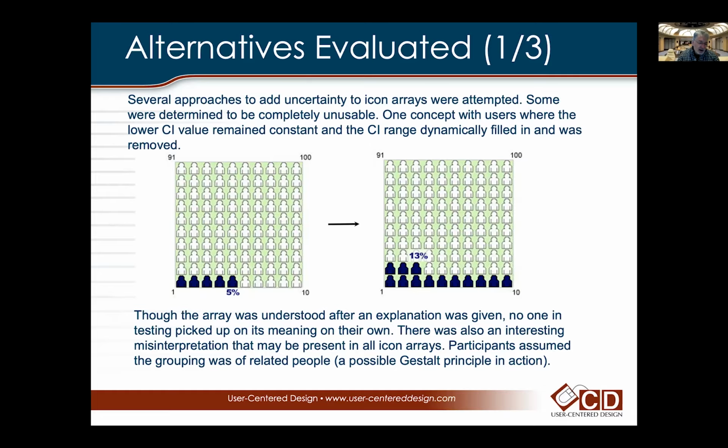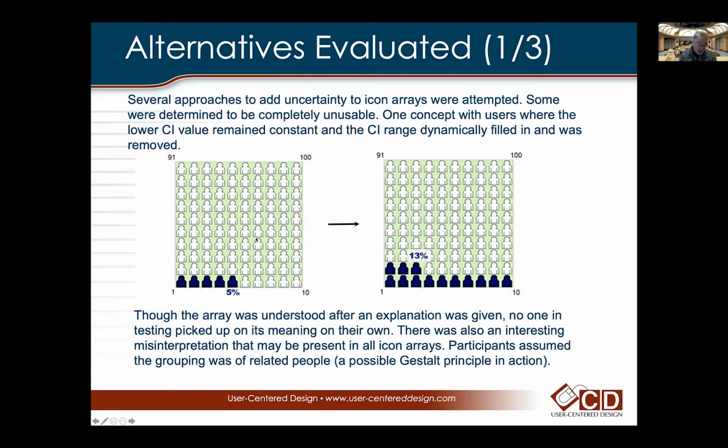So we tested this particular visualization with some people, and we got an interesting result, which turned out to be supported in other research. What people said when they saw this diagram was this group of 5 people here will get cancer. The group between 5 and 13 might get cancer, and all of these other people won't get cancer.